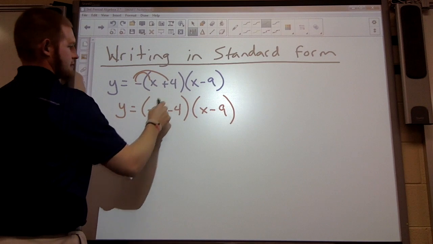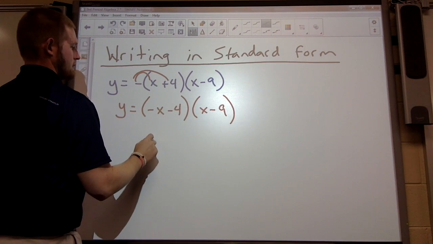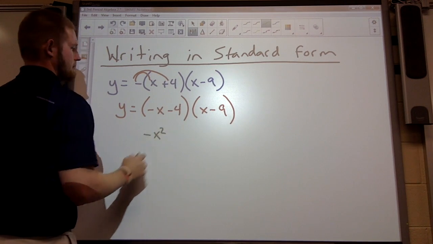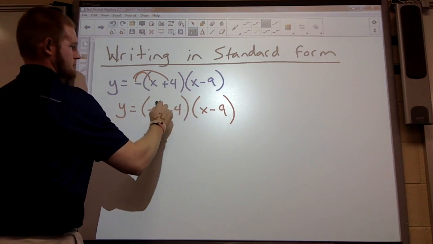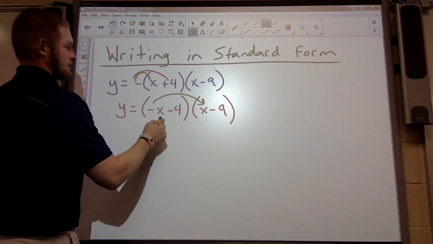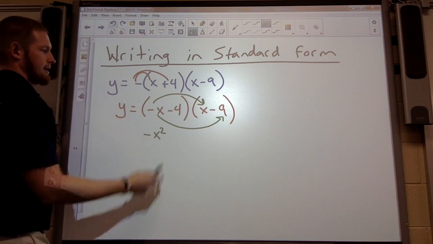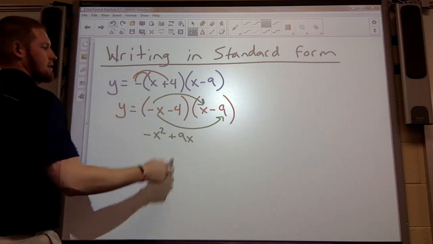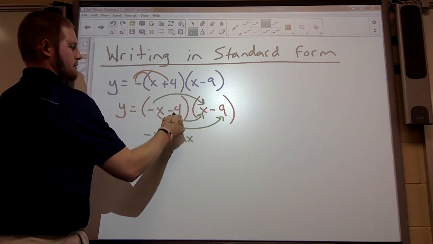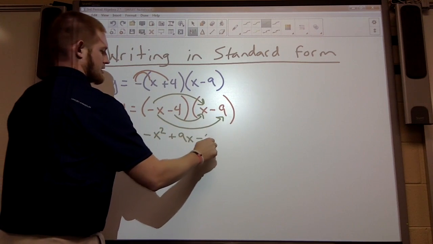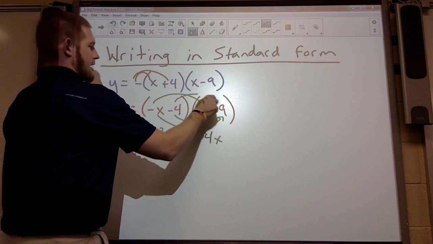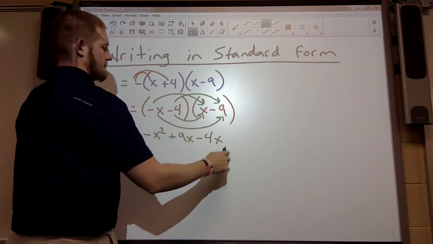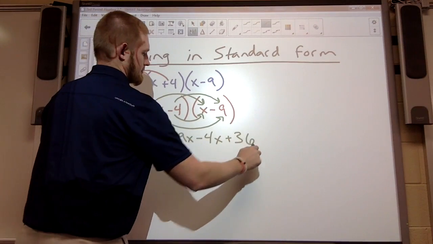So I have negative x times x, which is a negative x squared. That was our first. Outer, negative x times negative 9 is plus 9x. Inner, negative 4 times x is minus 4x. And last, I have negative 4 times negative 9, which is a positive 36.